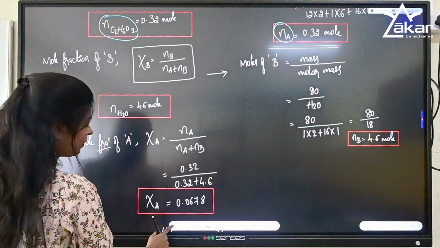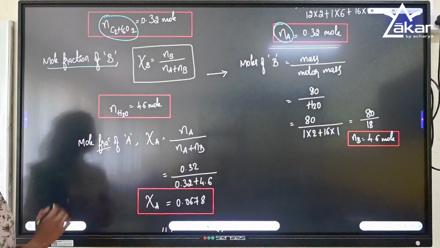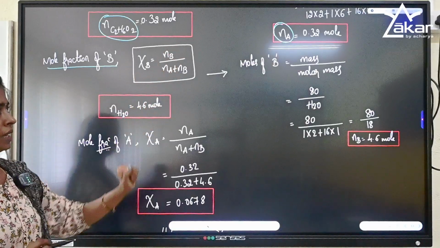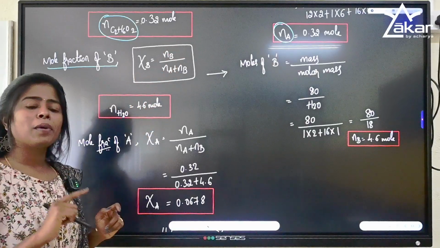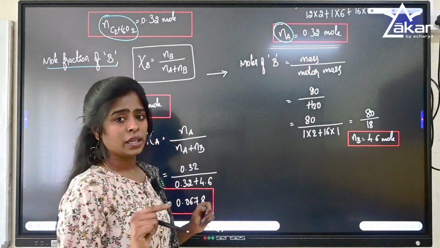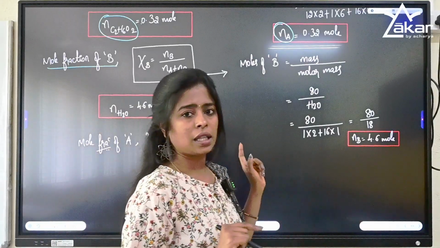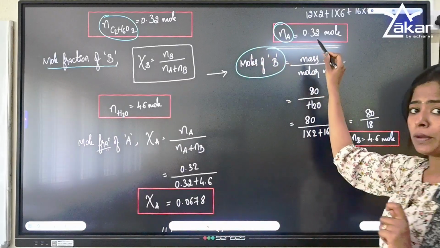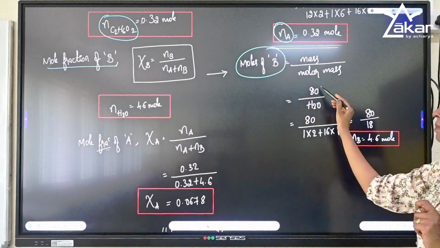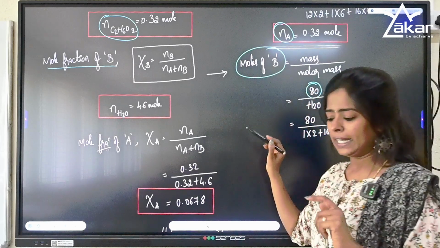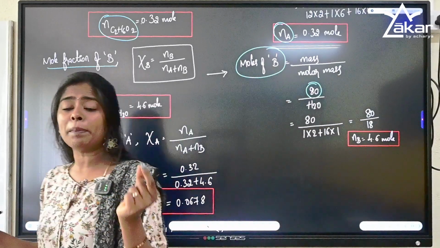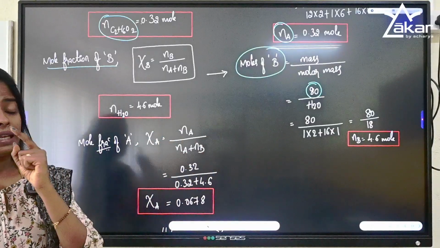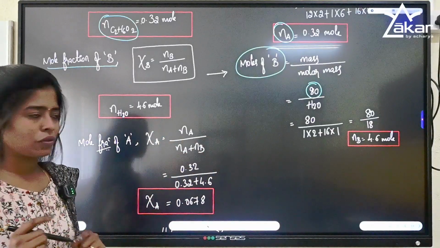Now similarly, we need to calculate the mole fraction of B. Chi B is equal to Nb divided by Na plus Nb. What is Nb here? Number of moles of component B. What is this B? That is nothing but water. Number of moles of B is calculated using the formula given mass by molar mass. Given mass is 80 grams, because they are saying 20% of ethylene glycol, that is 20 grams of ethylene glycol is in 80 grams of water.